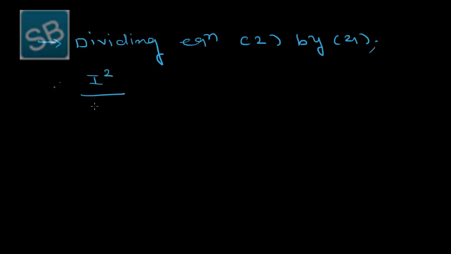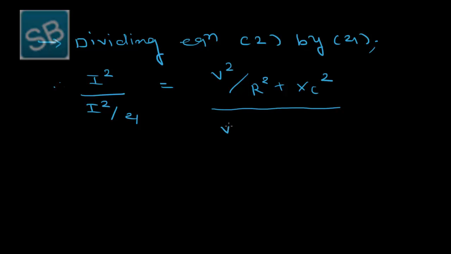we will get I square over I square by 4 is equal to V square over R square plus XC square, whole divided by V square over R square plus 9XC square. Now see, V square is cancelled. Here I square is also cancelled, and the denominator of the denominator will now come into the numerator.